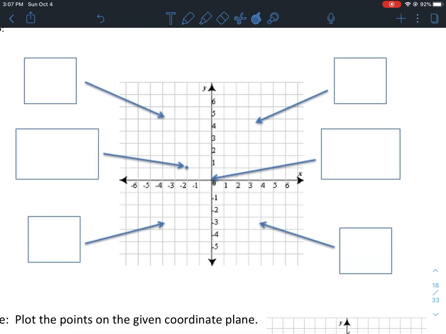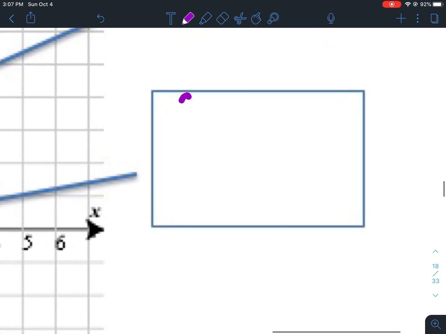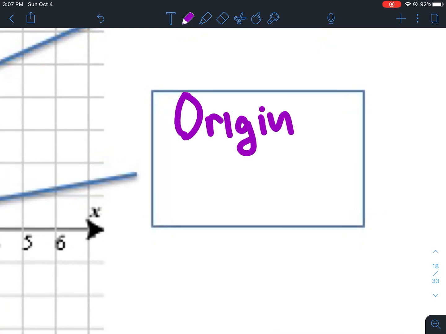Alright, so I'm sure you guys all have seen a coordinate plane before from previous classes. I just want to take the time to identify all the pieces of a coordinate plane. I know in the past, on a number line, we talked about the origin on a number line is 0. On the coordinate plane, the origin is (0, 0).